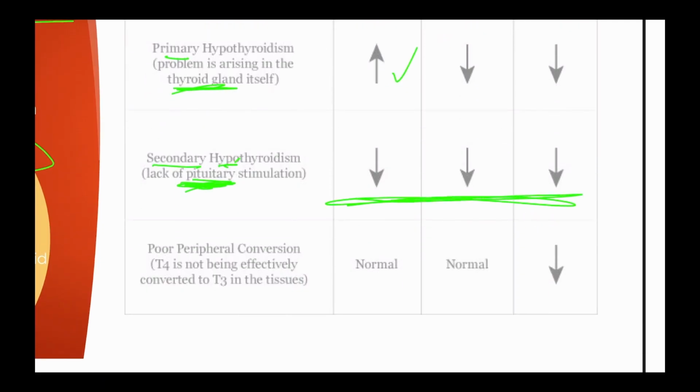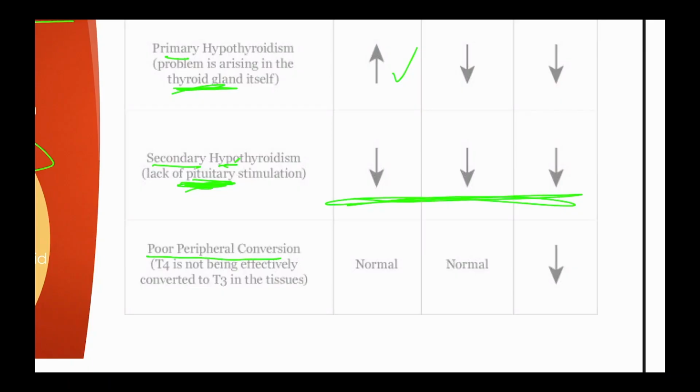This last one has to do with what's called poor peripheral conversion. So remember, we convert T4 to T3, which is more metabolically active. What do we produce more of? T4. But we know we're going to convert the T4 to T3 later on.